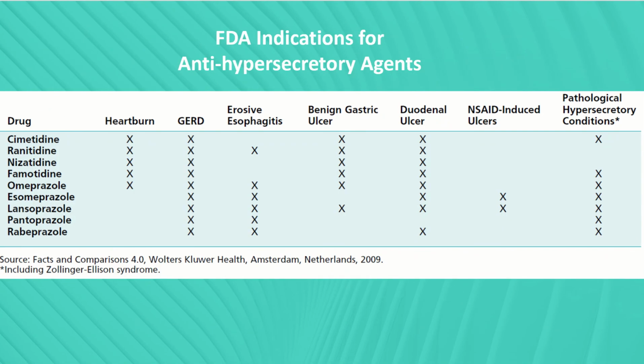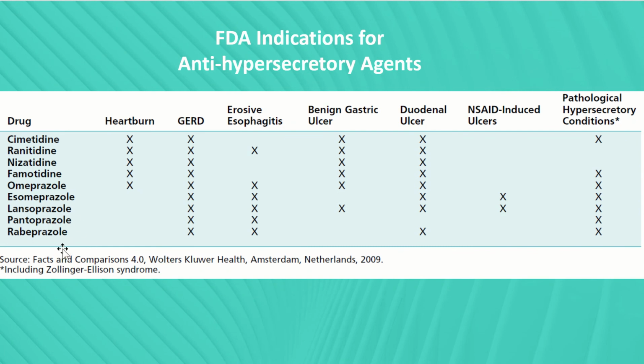All right, so here we have some FDA indications for anti-hypersecretory agents. So we just mentioned cimetidine and ranitidine, and there are others related to that compound. As we can see, the distinguishing tidines versus the prazoles, right?